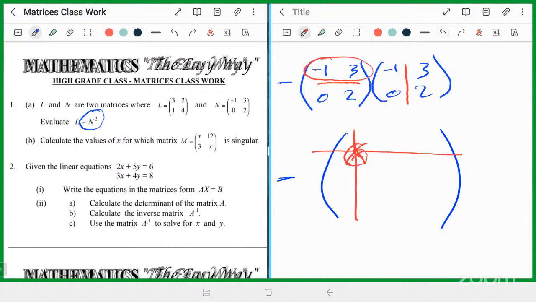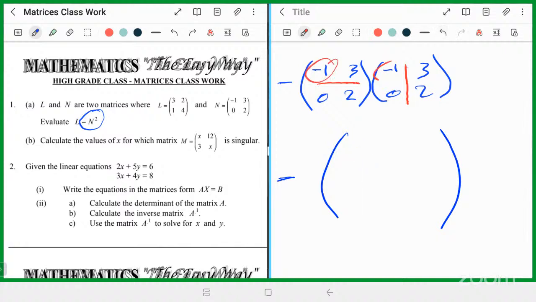You take the first element in the row times the first element in the column, then add the second element in the row times the second element in the column. That will be -1 times -1 and 3 times 0.